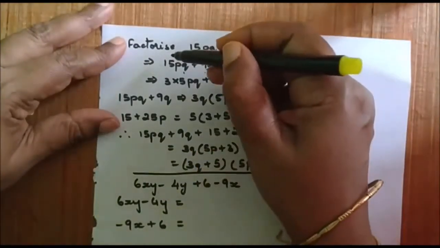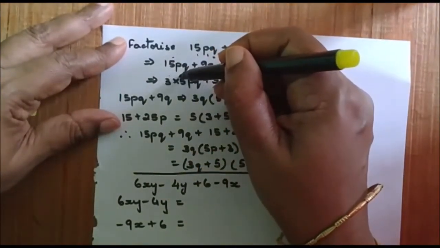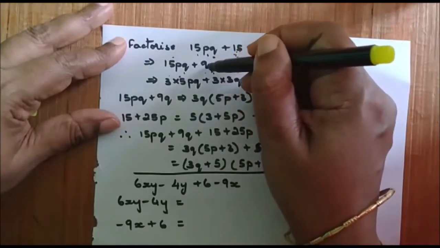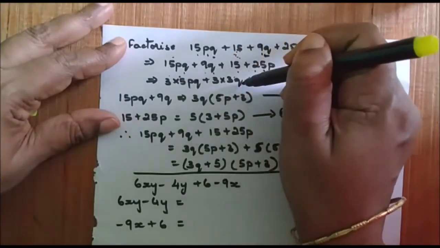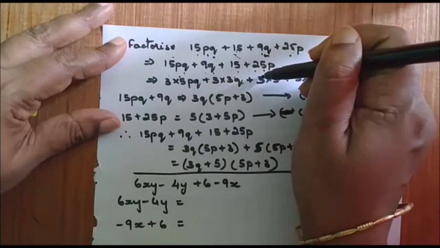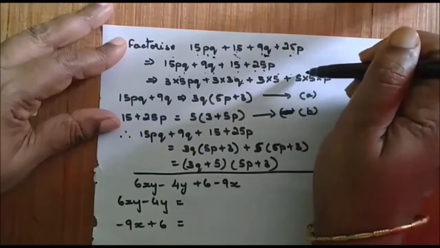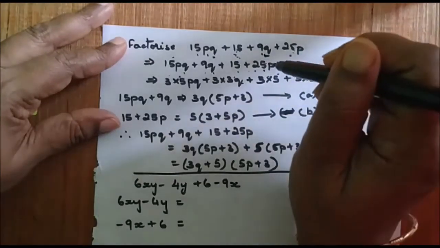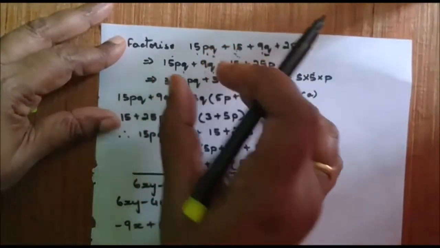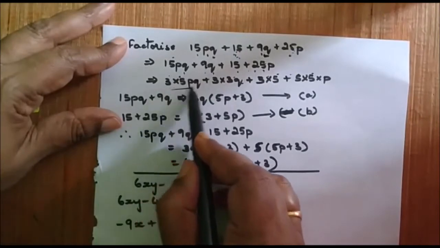So how do I write 15 now? 15pq is 3 into 5 into p into q, 9q can be written as 3 into 3q, 15 can be written as 3 into 5, and 25p can be written as 5 into 5 into p. Now we will take the first two terms.